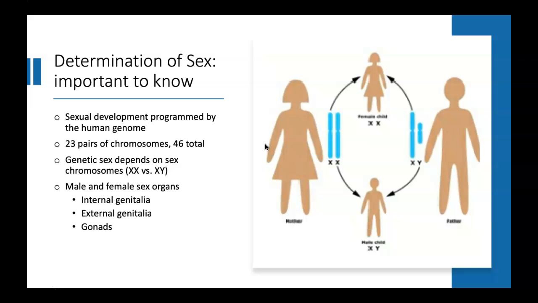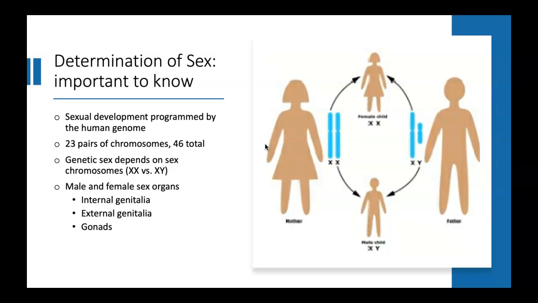That can differ based on different genetic disorders, but typically this is what is ideal. The genetic sex of an individual depends on the sex chromosomes. Females have 2 X chromosomes, and males are XY. So in the absence of a Y chromosome, a female will develop from an embryo.